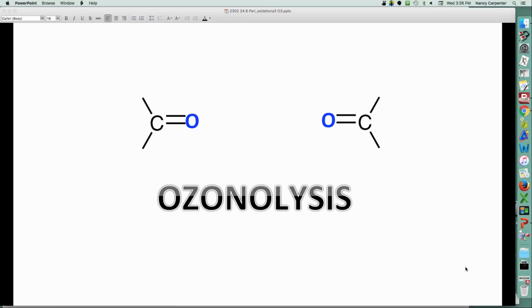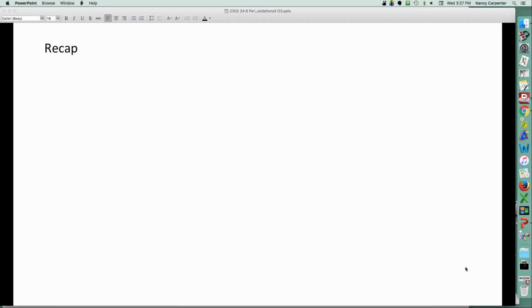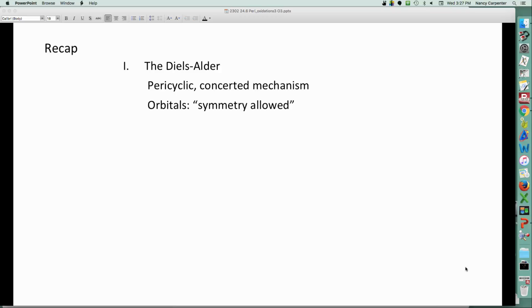And then we'll recap all this oxidation stuff, actually the whole of chapter 24 right here. The Diels-Alder, all of these reactions actually are pericyclic and concerted, meaning they happen in one swell foop. The orbitals have to line up. There has to be constructive overlap.